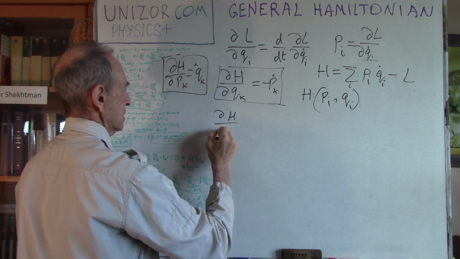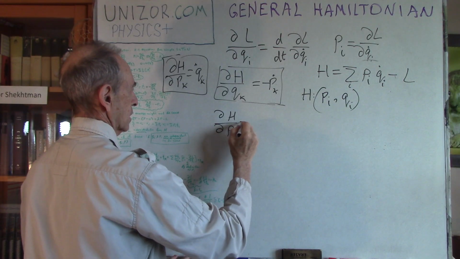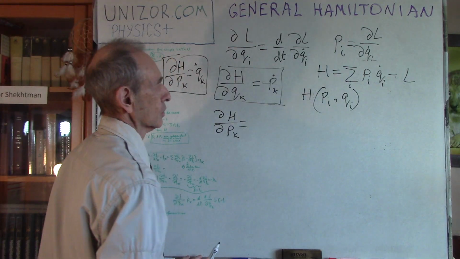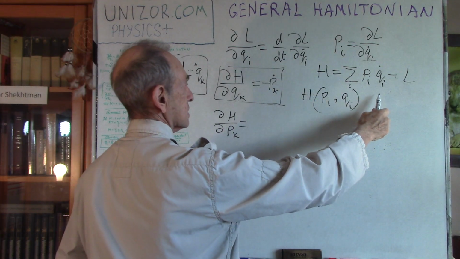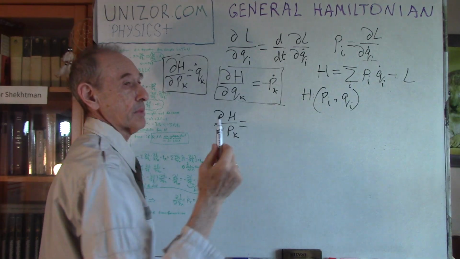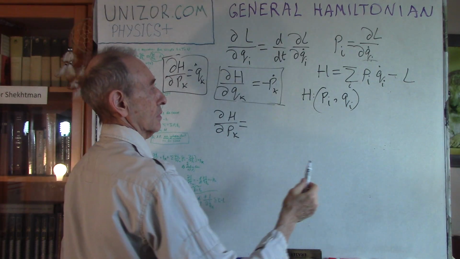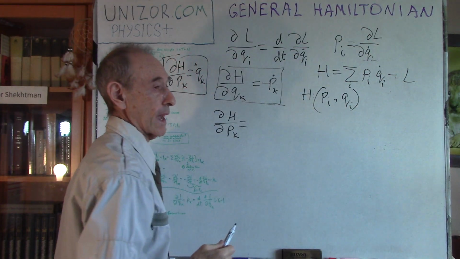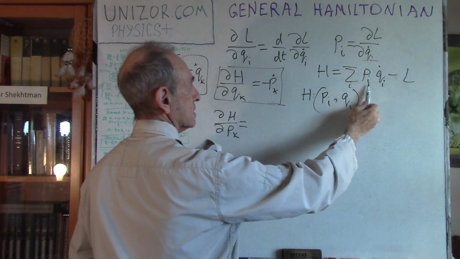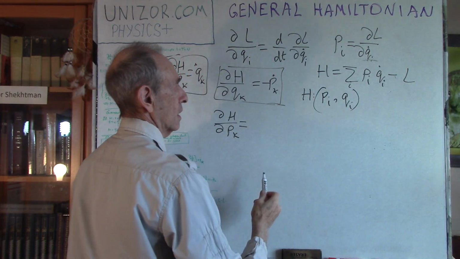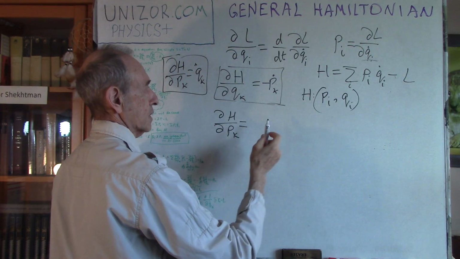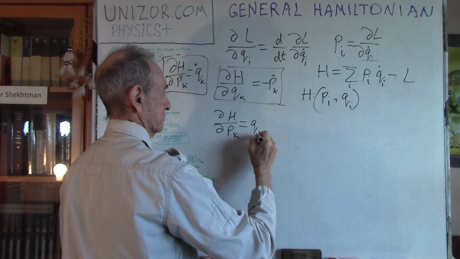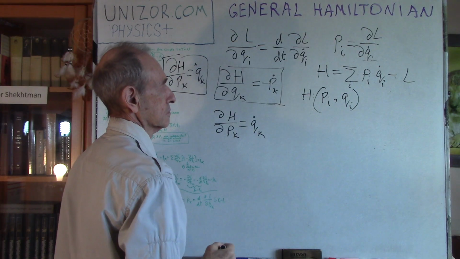All right, let's start. dH by dpk equals, well, let's just look at this one. First of all, this is a sum. Where is the dependency on the momentum? Well, first of all, obviously there is one particular pair where this is pk and this is qk, and the partial derivative by pk of this particular thing is just qk with the dot.